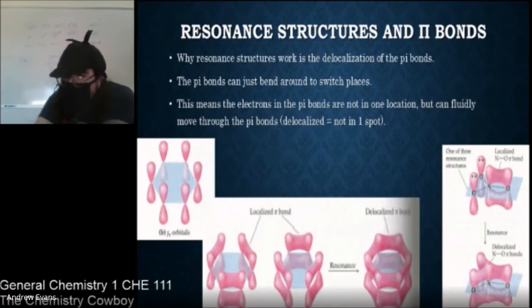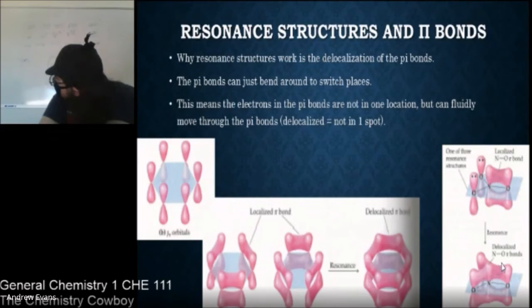We can move that lone pair into the double bond, kick the double bond out, and now we have a lone pair here. And if we do that, we see a resonance of all three.